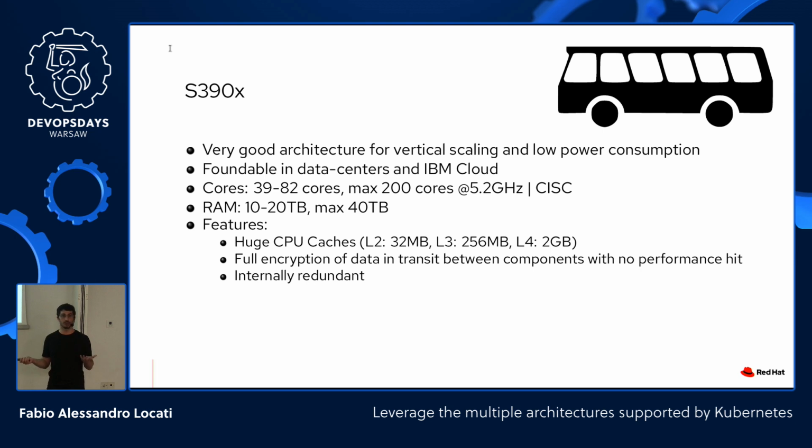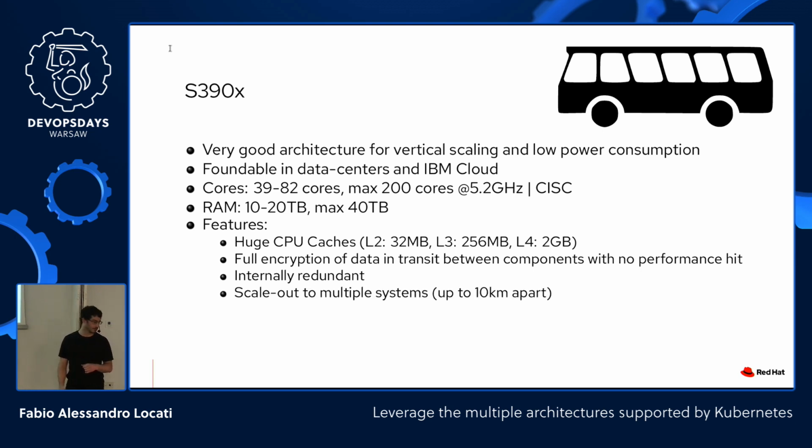So you will have a way higher reliability of the whole system. They also can scale out to multiple systems. So as long as the systems are up to 10 kilometers apart, you can basically move the workloads and data without the workloads noticing. So the workloads get migrated without any issues.